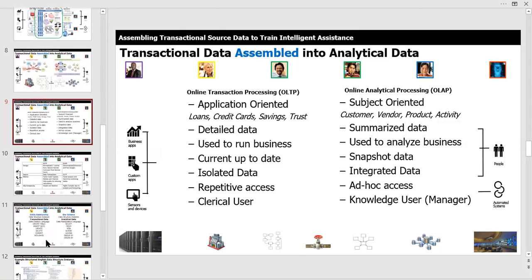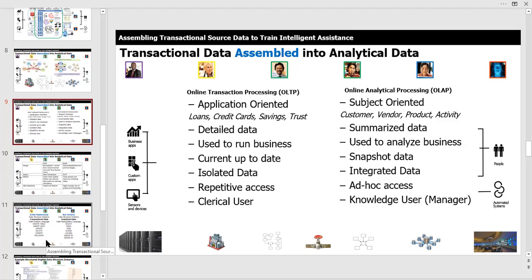So what we want to do in this slide is talk about just kind of generic differences. Transaction processing, online transaction processing, OLTP, is application oriented. So in a financial environment, we might be talking about loan systems, credit card systems, savings systems, or trust. Those systems will hold very detailed data that are used to run the business.